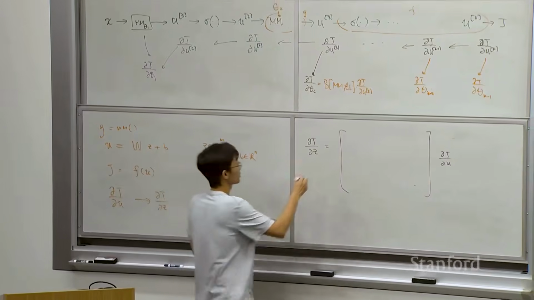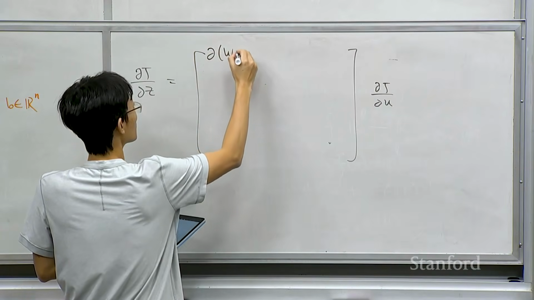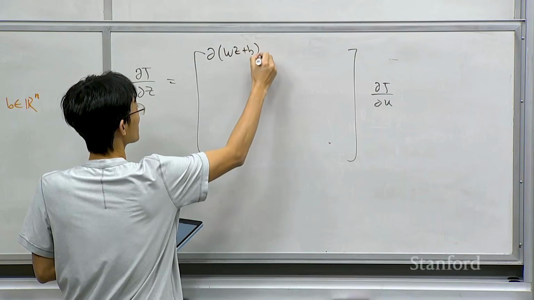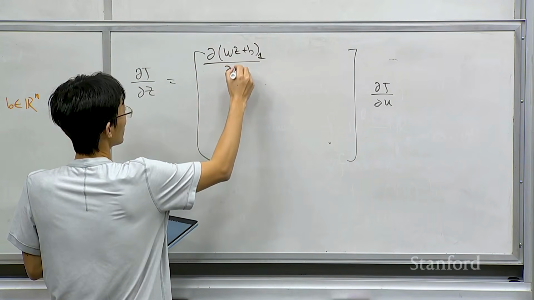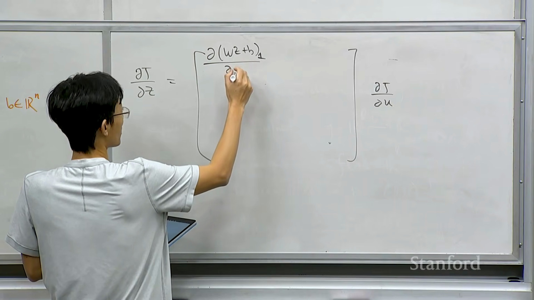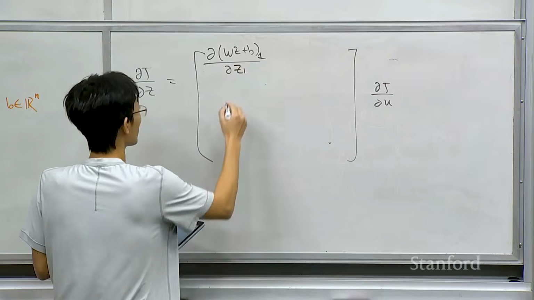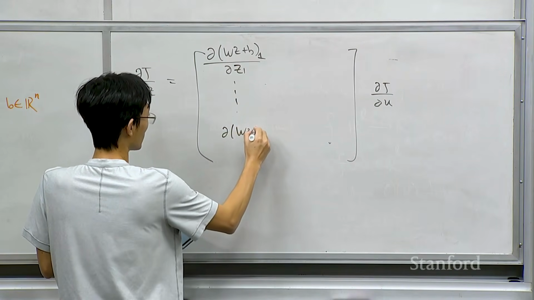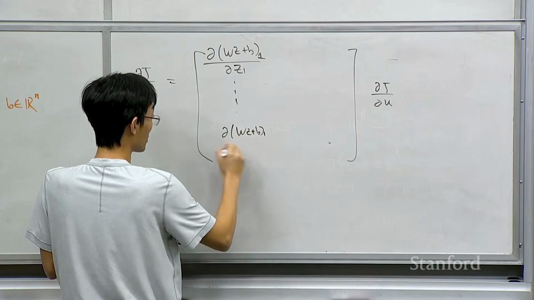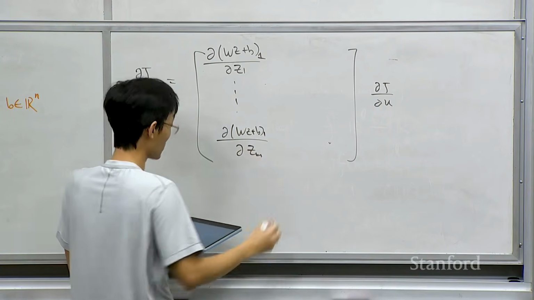Here is the first output, Wz plus b, the first dimension, differentiated with respect to the first variable. And here is the first output differentiated with respect to the last input, and so on and so forth.